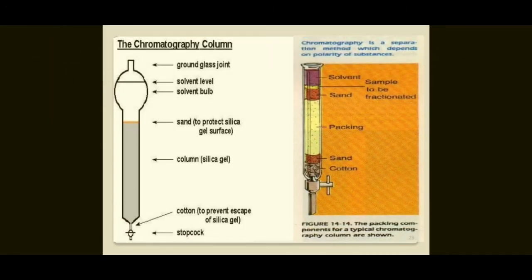Column chromatography uses sand and cotton, and the column is packed with silica gel in the presence of solvent. The silica gel and sand protect the silica gel surface, with the solvent level, solvent pump and ground glass joints.